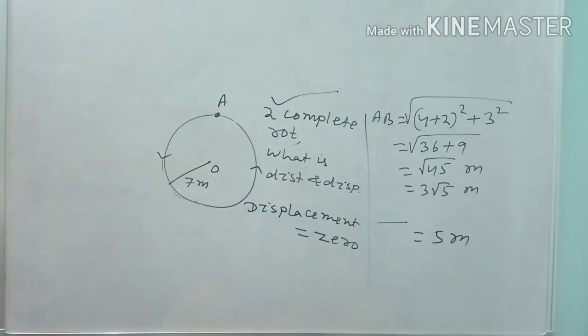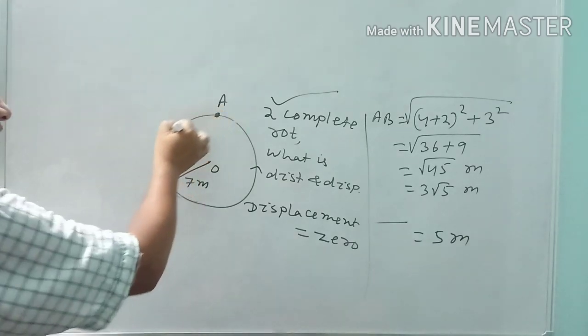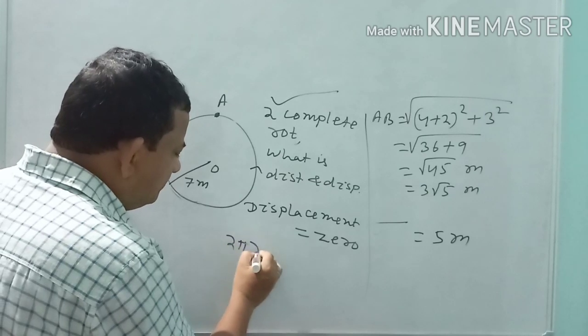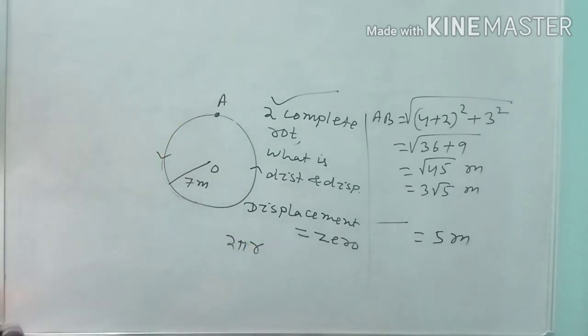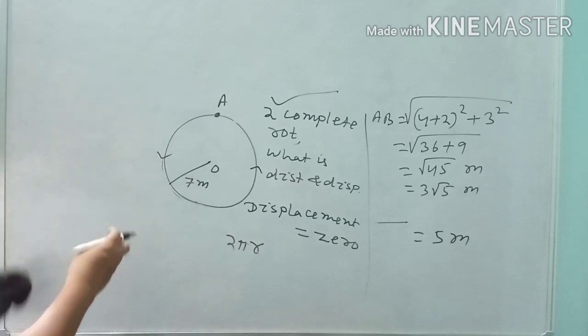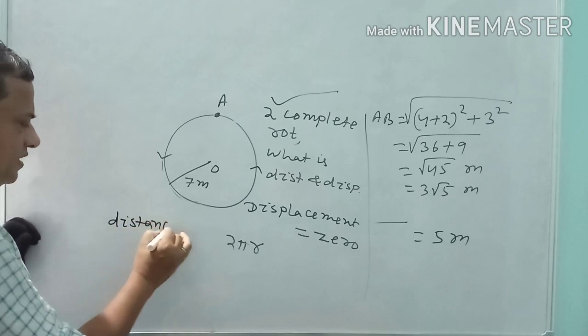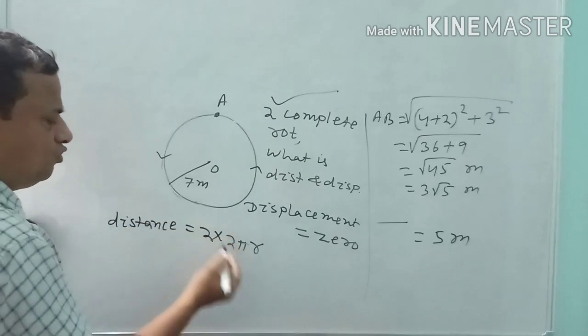Students, you know, for one complete rotation or cycle, the distance is 2 pi r, circumference. Two complete rotations are there. That means distance is equal to 2 into 2 pi r.